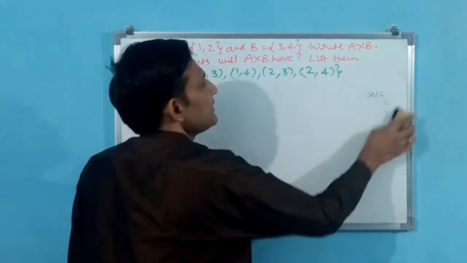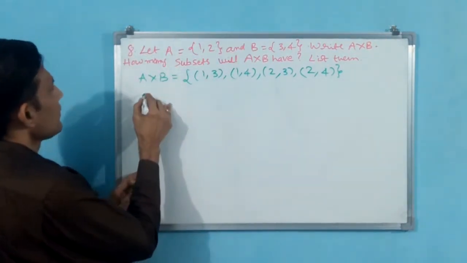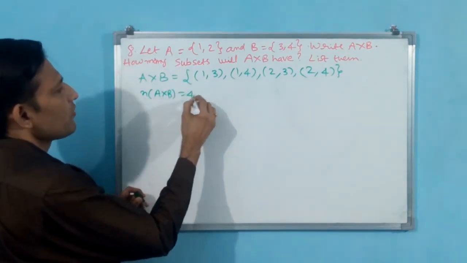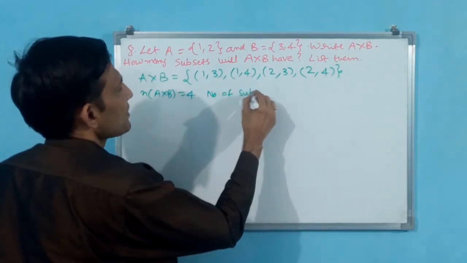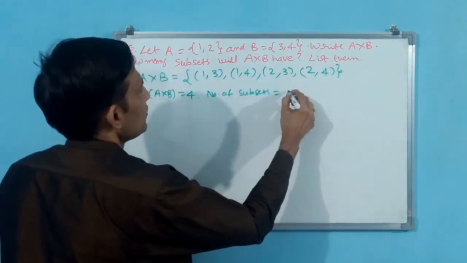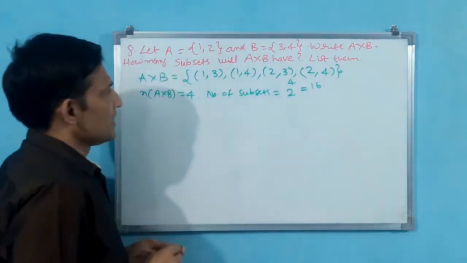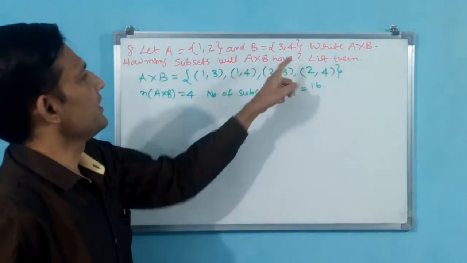Then you have to write the same here also. n of A cross B is equal to 4. Number of subsets is equal to 2 power 4, that is equal to 16. This finishes the answer up to here.